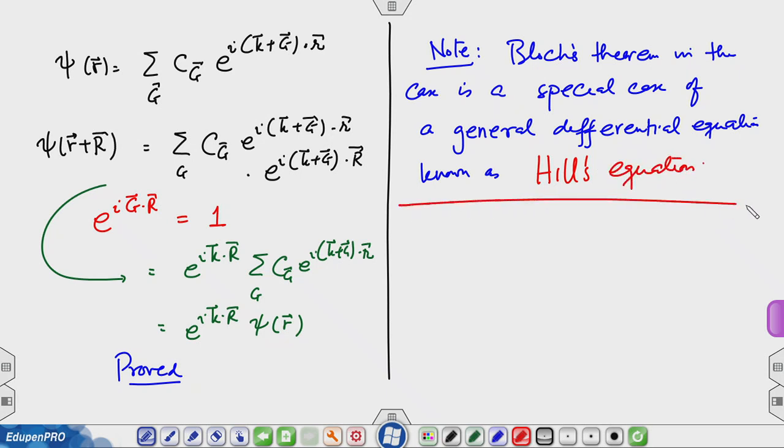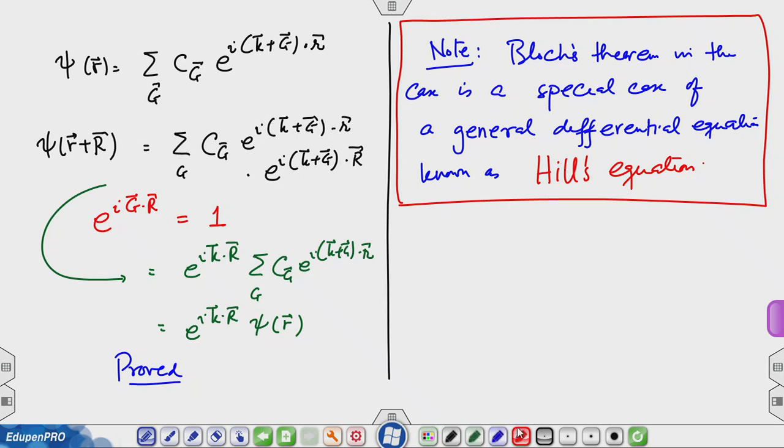You may want to look it up in your mathematics books. So, this is nothing but Hill's equation. This will be true in any periodic kind of driving term, right. So, that is what it is.